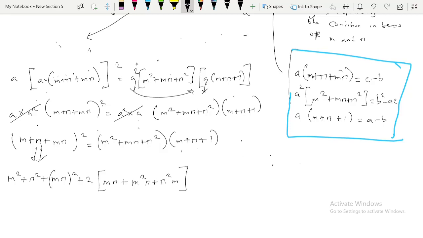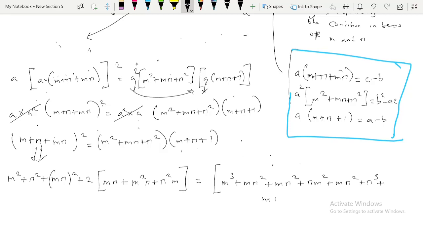Yeah, if you expand this, you should get all this. Then you can expand this side. So this is m into everything. This is m cube plus mn squared plus mn squared plus nn squared plus mn squared plus n cube, then plus 1 multiplying everything.